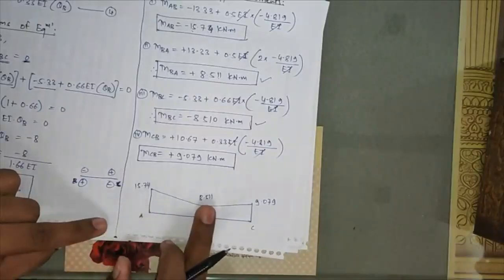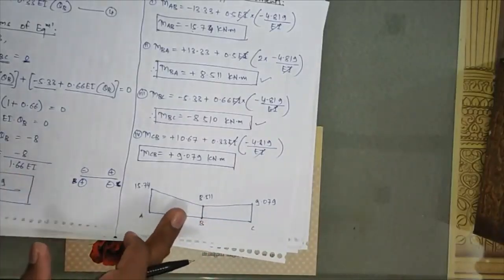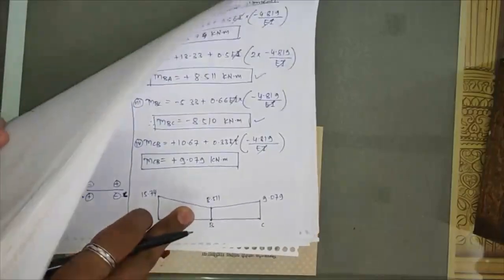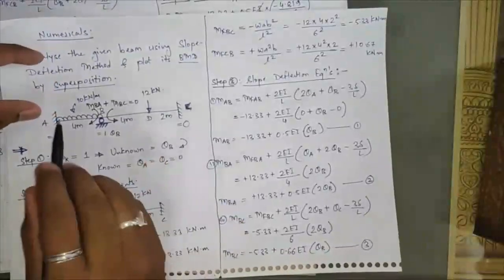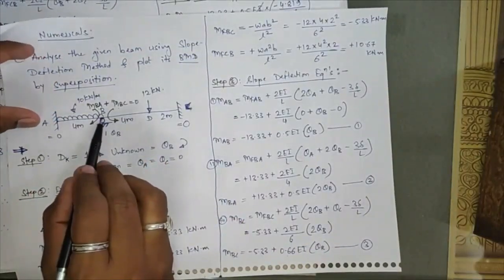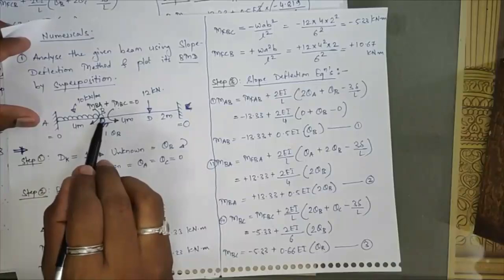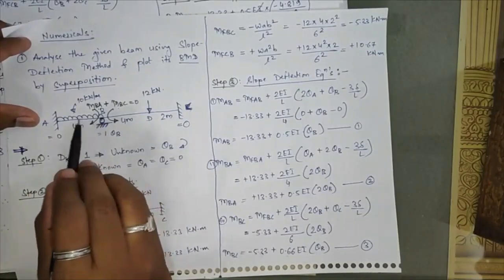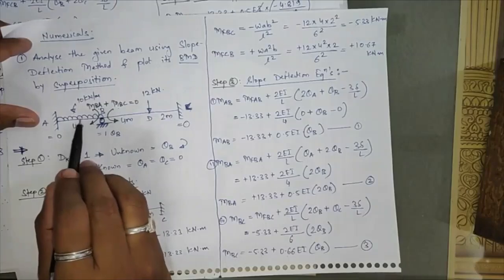Now you have to superimpose span moment on this. In span AB, what is given to you is UDL acting completely. So the maximum span moment in member AB will be acting at the center. How much will it be?